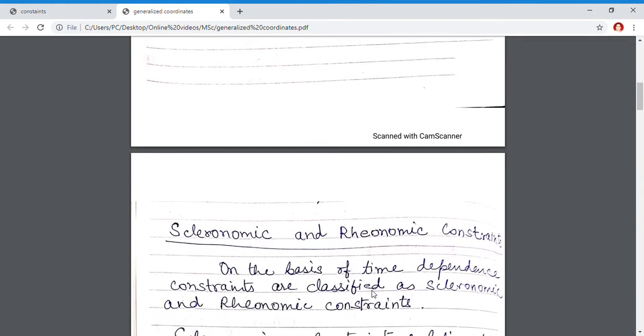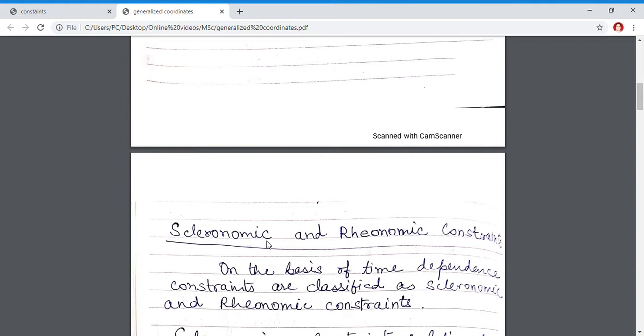There is another method of classification of constraints. This is not based on an equation, but on the dependence of time. If constraints depend on time, they are called scleronomic constraints.